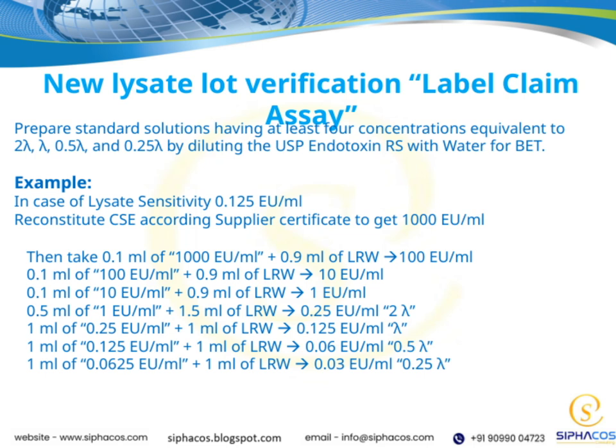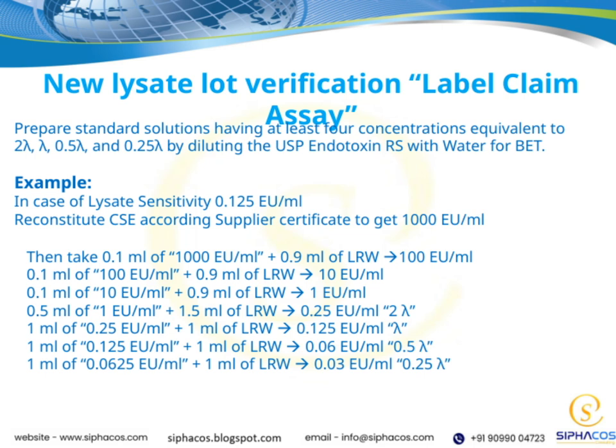Next, we take 0.1 milliliters of the 100 EU per milliliter solution and add 0.9 milliliters of LRW to get 10 EU per milliliter. Then, repeating the process, 0.1 milliliters of the 10 EU per milliliter solution combined with 0.9 milliliters of LRW yields 1 EU per milliliter.